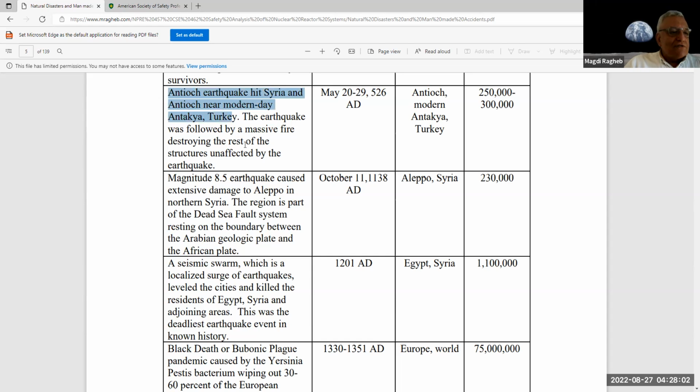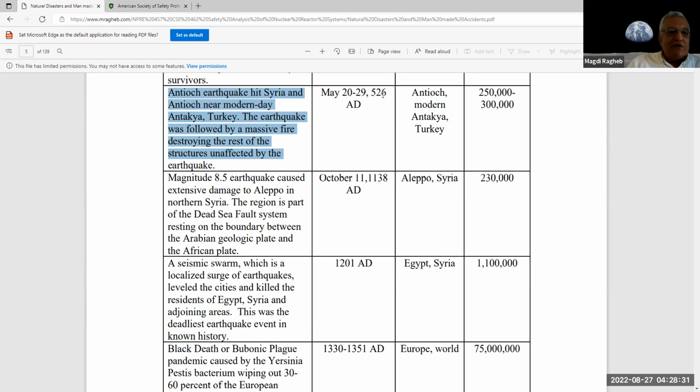We know also about earthquakes that happened in the area of Syria and Antioch. This is near now a city called Antakya in Turkey. The earthquake was followed by a fire. Well, when human dwellings are destroyed, they may be cooking and the fire starts spreading. It happened in Japan also in one of their events there, an earthquake burned the whole city.